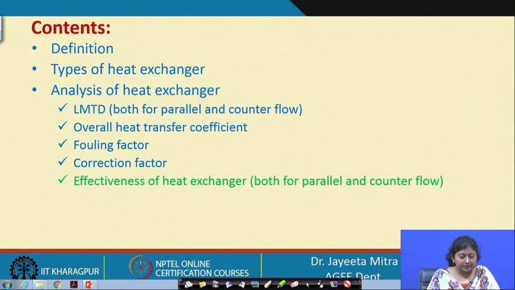We have also discussed the overall heat transfer coefficient, U. If you remember, U has been derived by this expression.